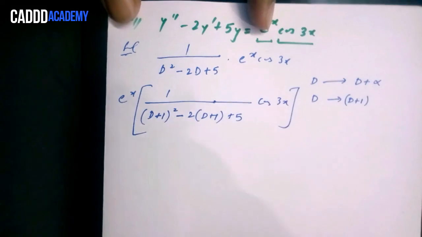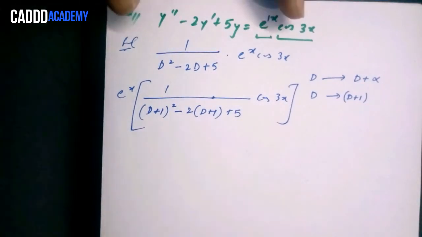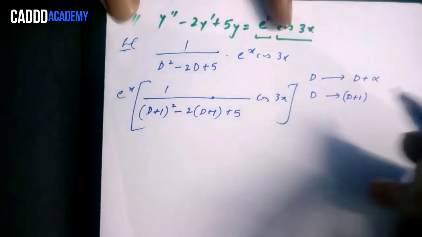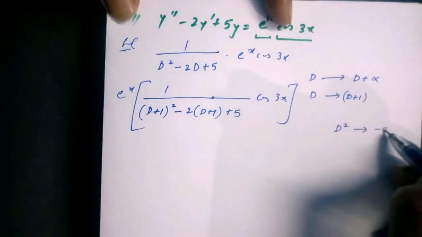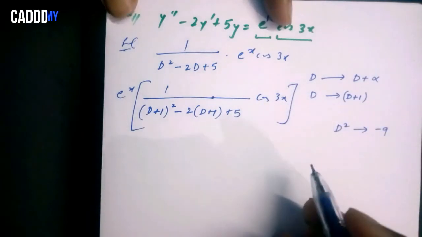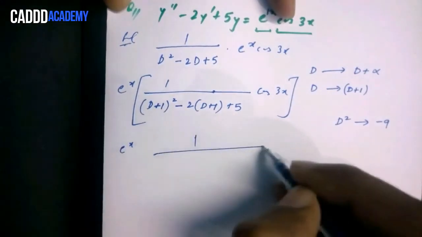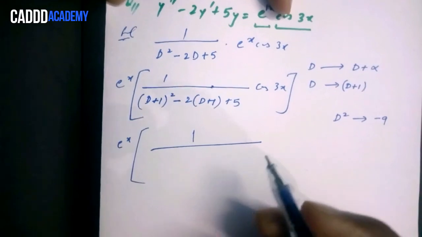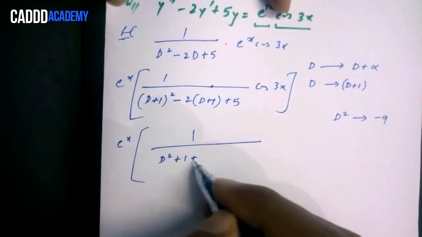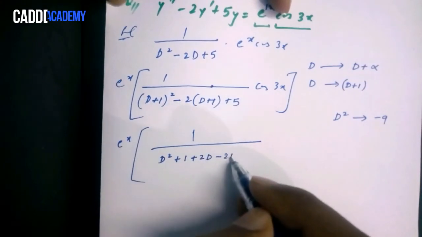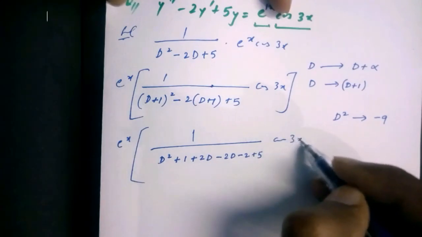Now this problem is very similar to the previous problem, where we put the d square value as minus 9. So we will do the same thing here. After that we have d square plus 1 plus 2d minus 2d minus 2 plus 5, into cos 3x.